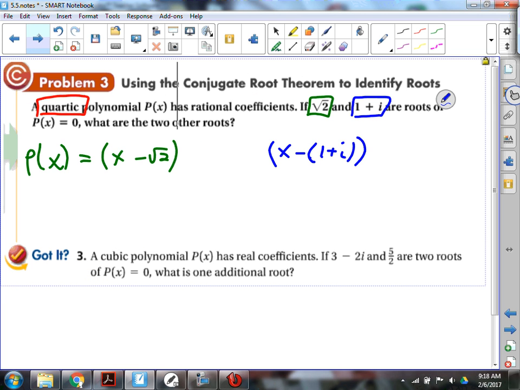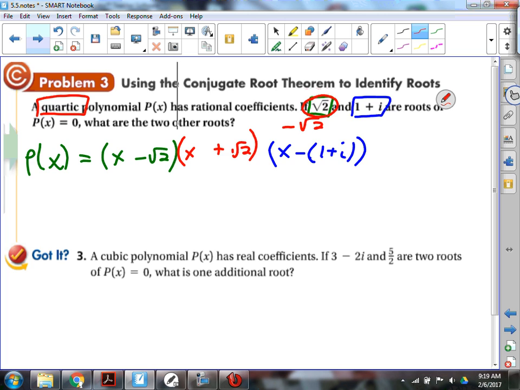So since rad 2 is a root, then so is negative rad 2. So this right here tells us negative rad 2 is a root. So we'd have x minus, yeah, because when it's minus a minus rad 2, it would change that to a plus, right? So that'd be plus rad 2.